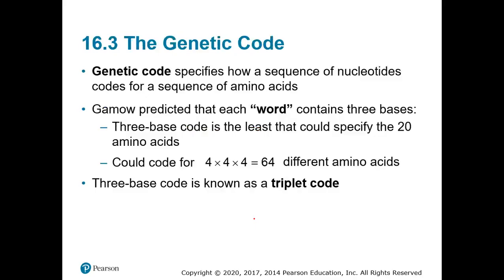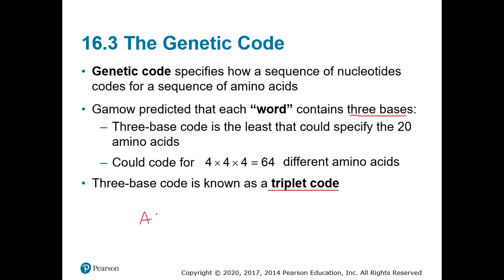Now, when we talk about the genetic code, this is going to specify how do we read our recipe, our series of nucleotides, and how does that relate to amino acids. And for each word in our genetic code, this is going to be a series of 3 bases. And we are always going to see it in a series of 3. We call this a triplet code.